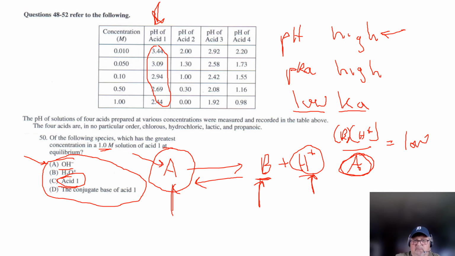It's the relationship between the base and H plus or H3O plus, divided by the amount of acid. The only way this whole thing could be low, well, it could be low different ways, but one way is if this number is high. All right, and so we got that.